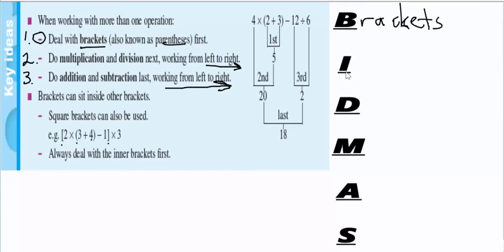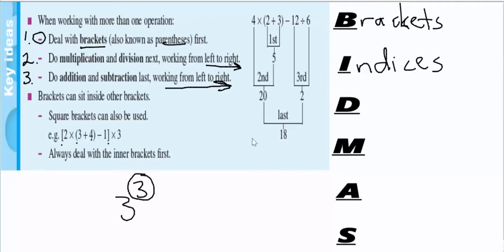Now the I you probably haven't heard of, and it's not something you're really going to have to deal with at year 7. That's indices. If I had 3 to the power of 3, for example, that's an indice. So if you get problems with powers in them, and brackets, you deal with brackets first, but then indices, these powers, are the things that you deal with next.